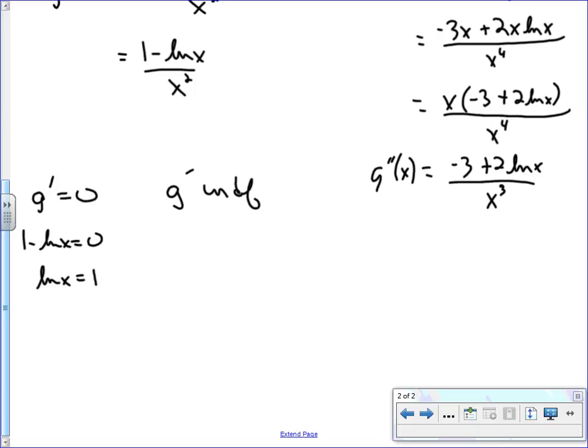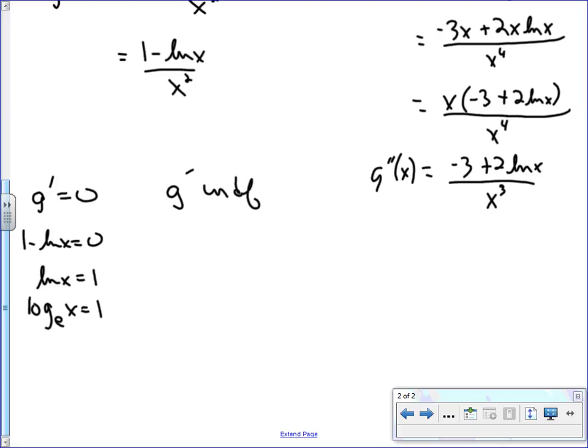Okay, can we rewrite this in exponential form? Rewrite it in exponential form. What's the base? This is log base what? No, it's not log base 10. Log base e. So rewrite that in exponential form.